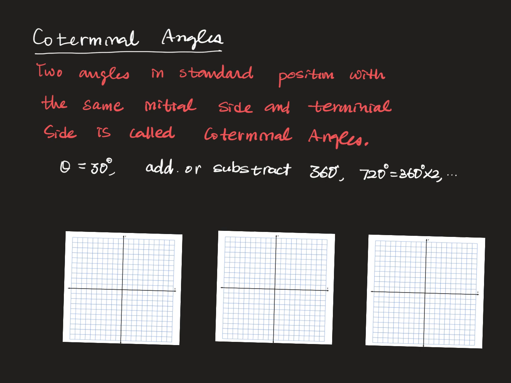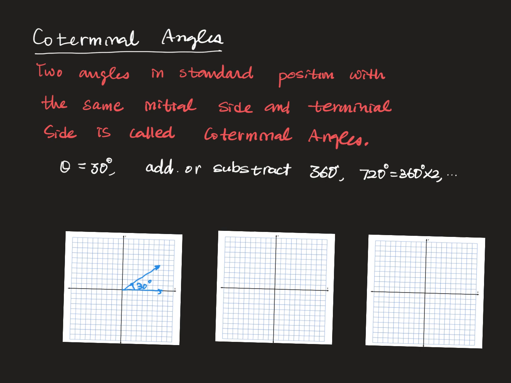Theta is 30. You can sketch it. Here is 30. So how are we going to do one revolution? Let's go all the way around one revolution.